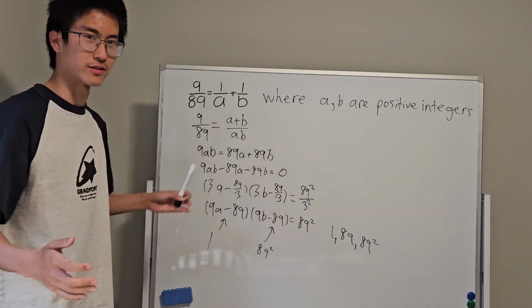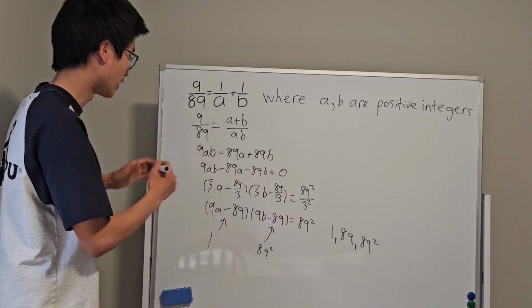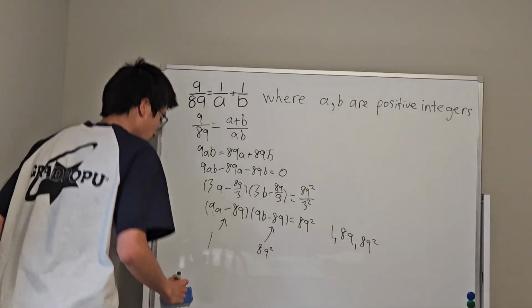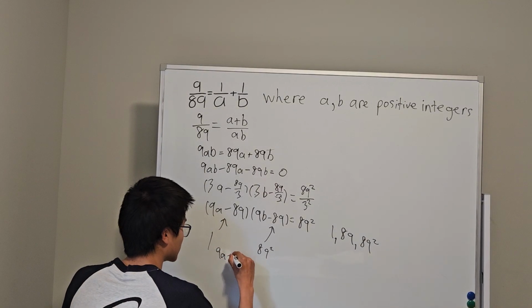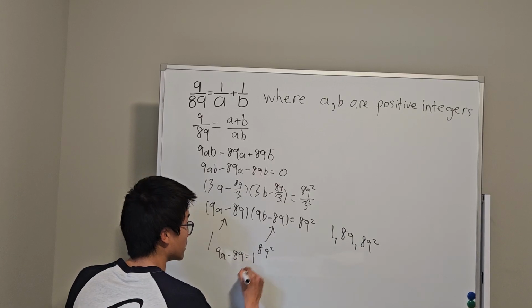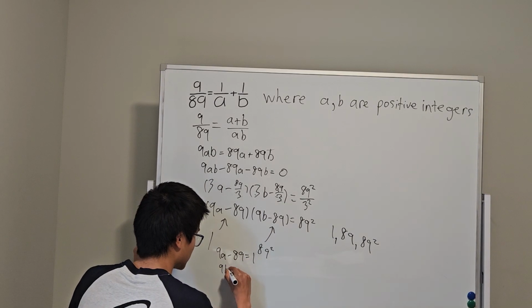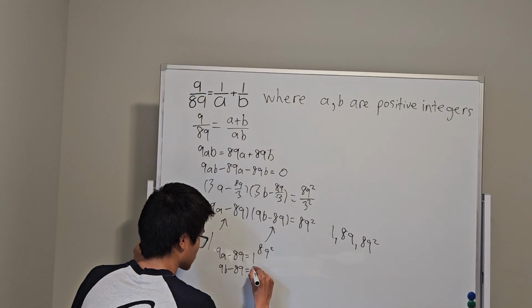And all there's left to do is to solve for a and b. So we have 9a minus 89 equals 1, and 9b minus 89 equals 89 squared.